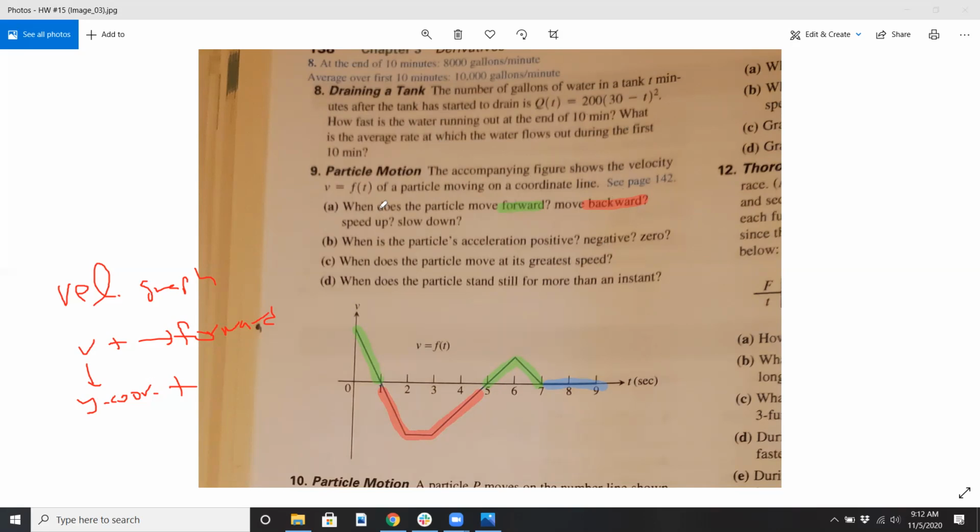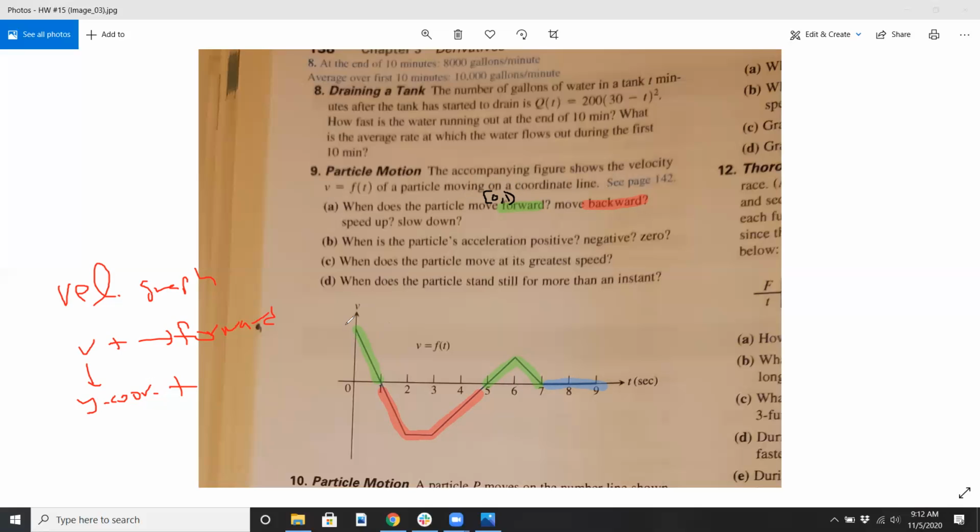Now, before I do the speeding up and slowing down, let's talk about the interval for moving forward and moving backwards. That should be really easy now. I'm moving forward, obviously from 0 to 1. Now I'm going to actually do a bracket at 0 and a parenthesis at 1. I'm doing a bracket at 0 because our velocity is positive at 0, right?